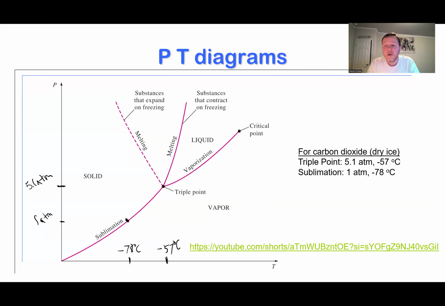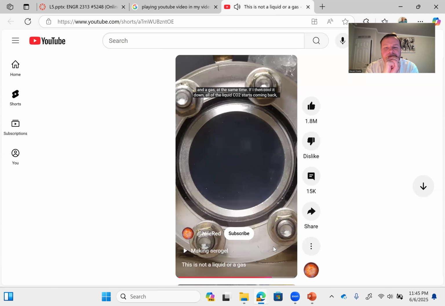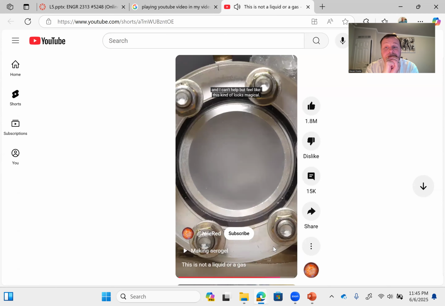It's about 5 atmospheres. What's cool is what happens if I heat this whole thing up with a hair dryer. All the CO2 eventually goes supercritical, and it turns into something that's kind of a liquid and gas at the same time. If I then cool it down, all of the liquid CO2 starts coming back, and I can't help but feel like this kind of looks magical. How cool is that?